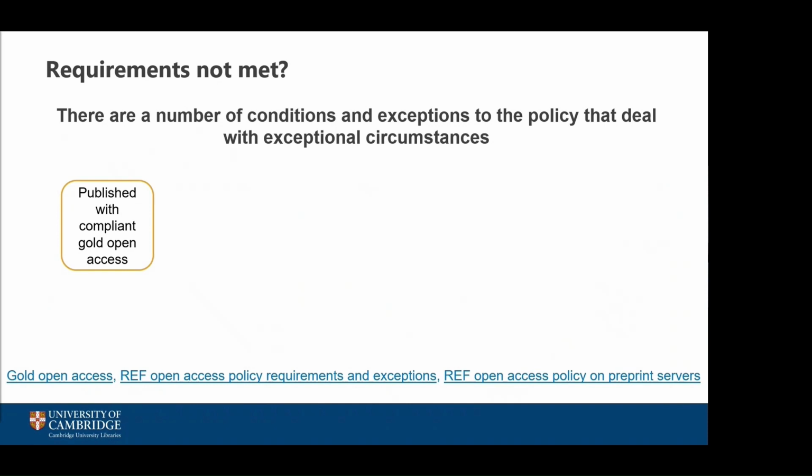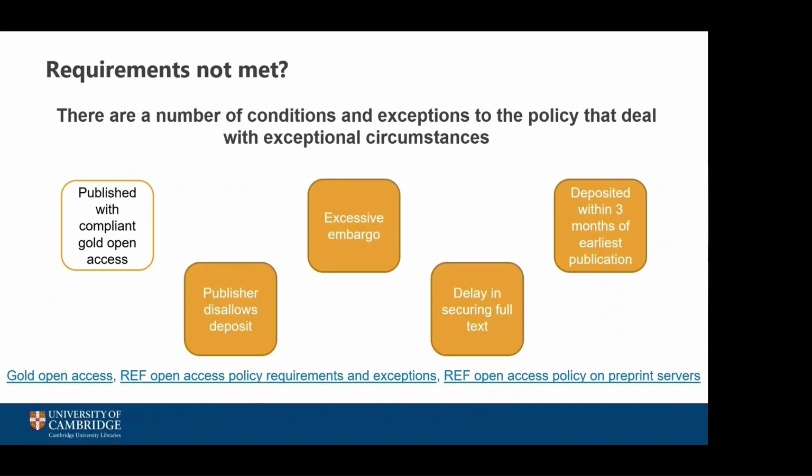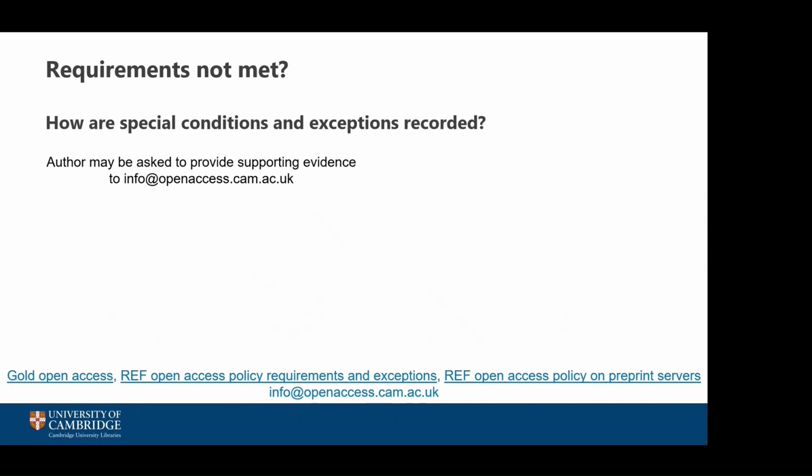Articles deposited in another repository in compliance with the REF Open Access policy may also be REF eligible. There are also a number of exceptions to the policy, such as the ones illustrated on the slide here. It is recommended that these routes are not relied upon.